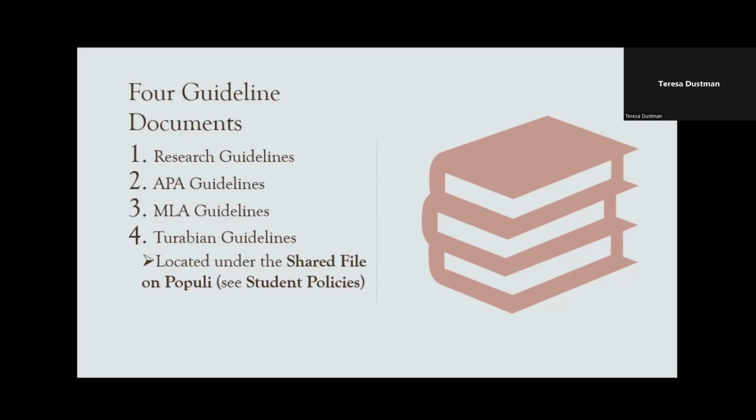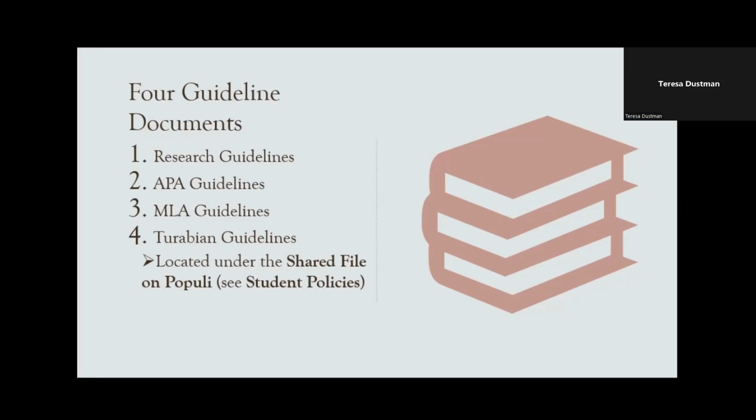These are summaries of the handbooks and manuals, so I would still encourage students to refer to the handbooks and manuals. We don't have space to cover everything that's in there, so it's just a summary document, really. And you'll notice that even in the Turabian one, there are some updates that are current to the 9th edition. So I would encourage you to at least look over those.